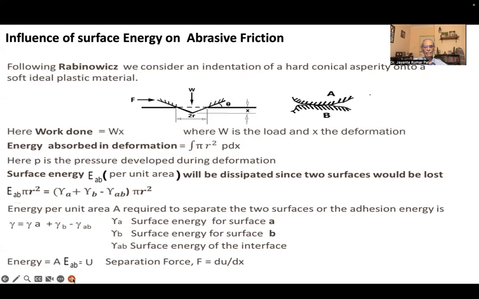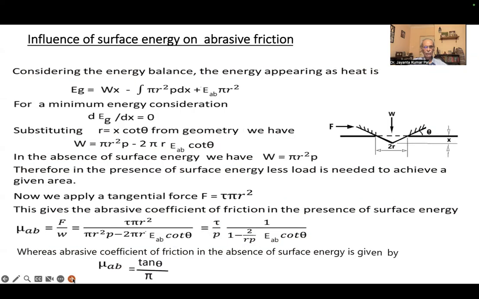As we said earlier, when the surface molecular forces are active, we have to apply a pull-up force to separate the two, and that force will be given by dU by dx. Okay, so this is the picture of the effect of surface energy on abrasive friction. Let us go a little bit more into the detail.